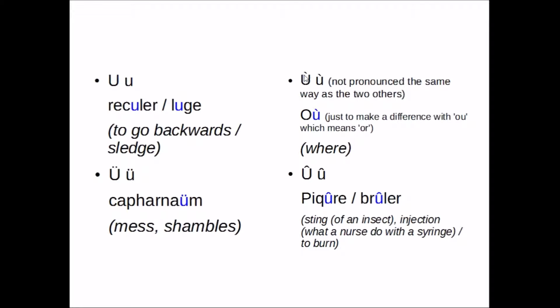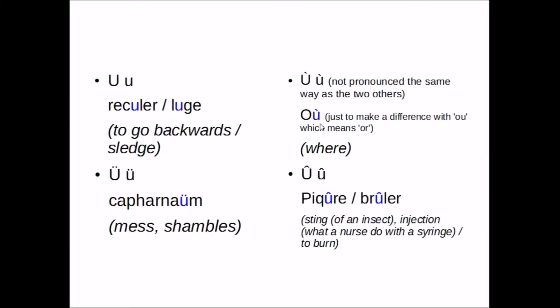Next, we'll talk about this U, which has this accent here, so we call it accent grave in French. Well, it is in just one word in French, if I'm not mistaken, and this is this word, which is pronounced ou, so like the sound ou, and it means where.